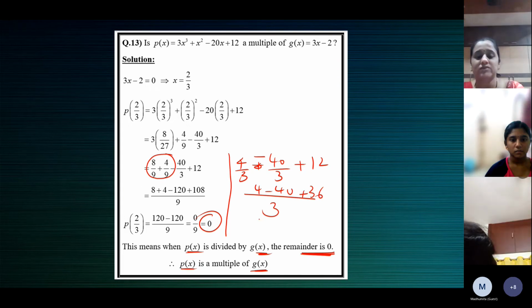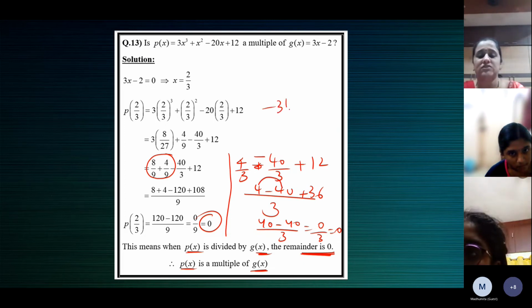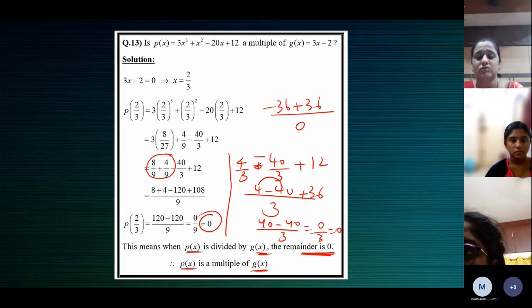So you get 40 minus 40 by 3, which is 0 by 3, which is 0. Or whatever, see, if you simplify 4 and minus 40, you will get minus 36 plus 36, which is 0. Not that you must get 40 minus 40.